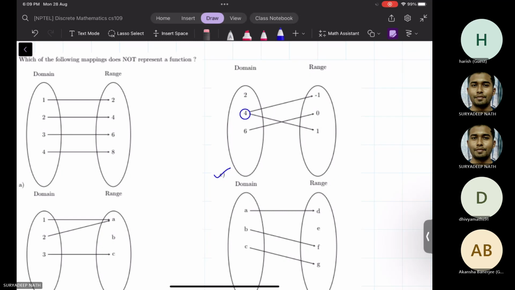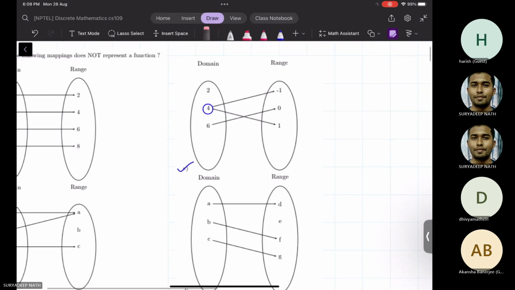So it could be that -1 can be mapped from 6 and 2. So things like this can exist. So 2 to 6 and 2 to -1 could have existed, but the same element in the domain cannot have multiple images in the range. So that is why it is not a function.